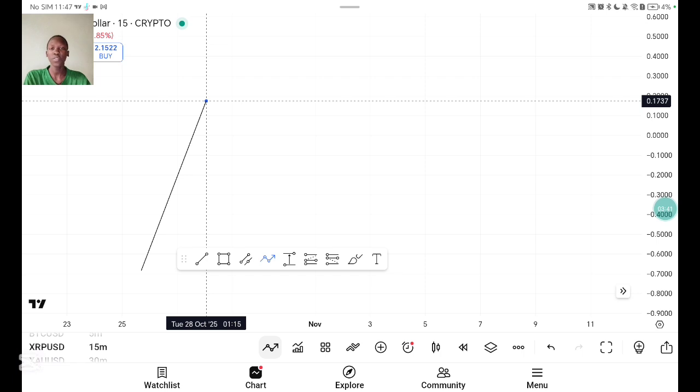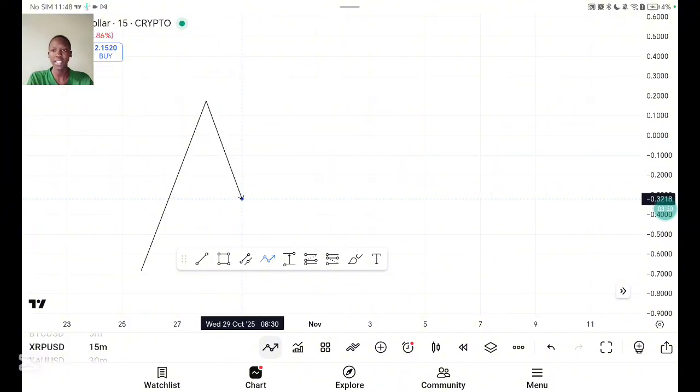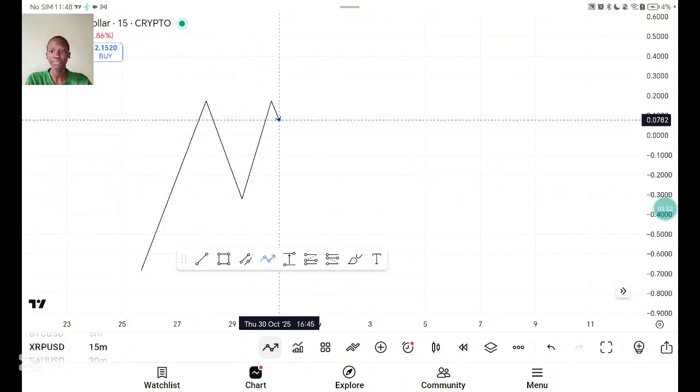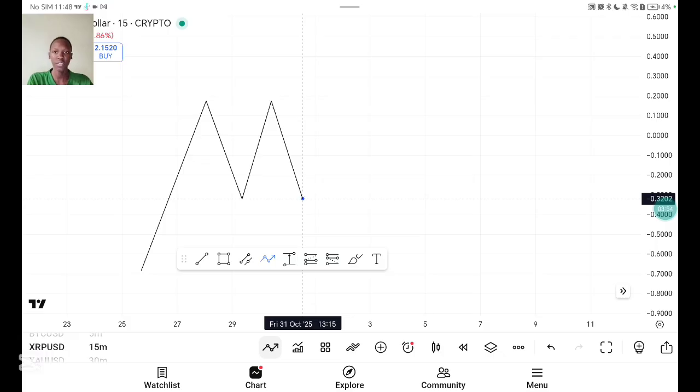But there are two types of consolidations: the bigger consolidations and the small consolidations. Let me show you. There's this one where there's a massive retracement.